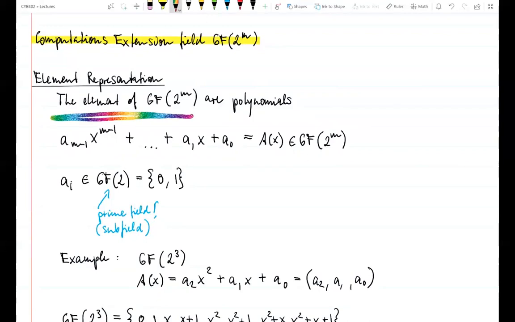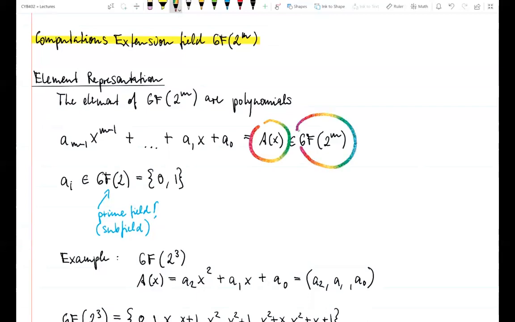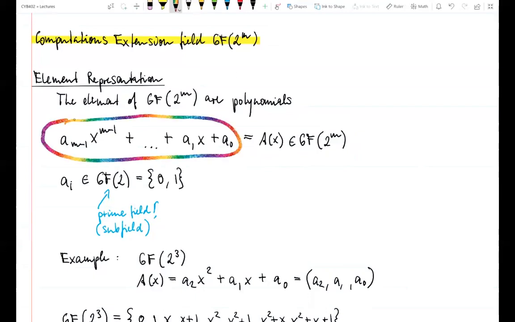They are polynomials, okay? So an element a of x is a member of Galois field 2 to the m. So polynomials that are valid look like that.